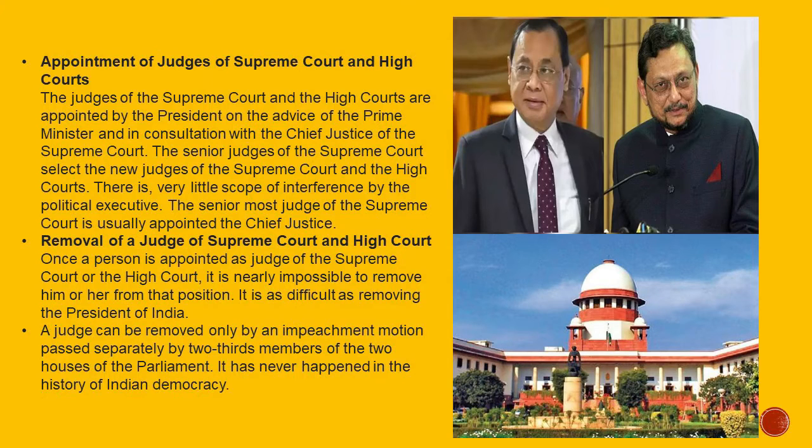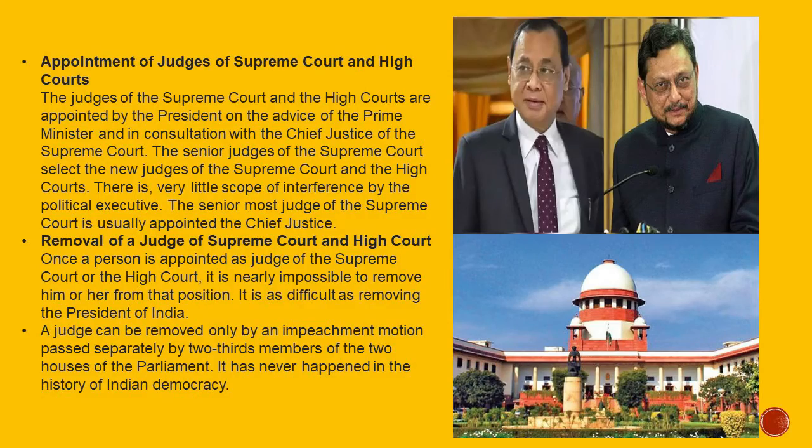So who appoints the judges? The judges of the High Court or Supreme Court are appointed by the President only. On the name of the President we get the orders. On the advice of the Prime Minister only they will appoint. But whom will they appoint? They will not appoint anybody from outside.